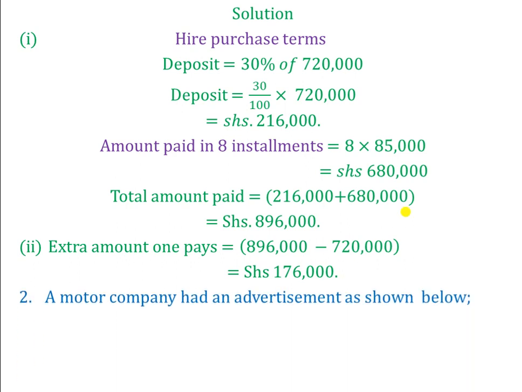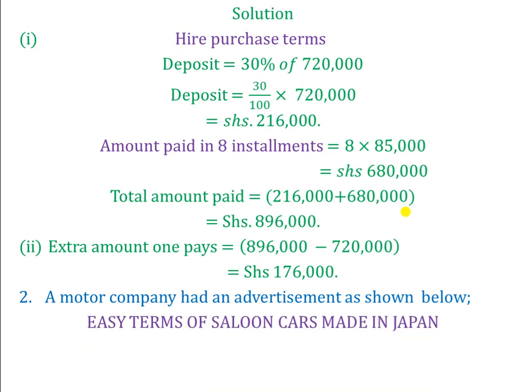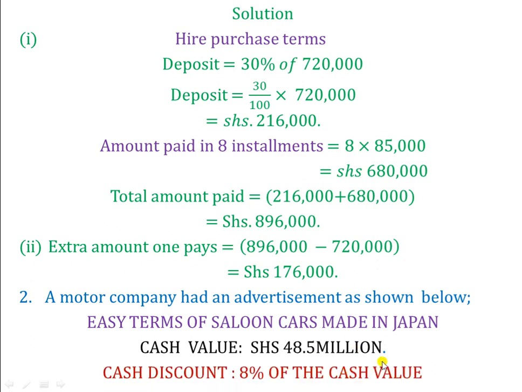A motor company had an advertisement as shown below. It says, terms of saloon cars made in Japan. Cash value shillings 48.5 millions. Cash discount 8% of the cash value. You can't just look at this. They are trying to tell you that when you buy this car or this vehicle using cash, they even give you a cash discount.